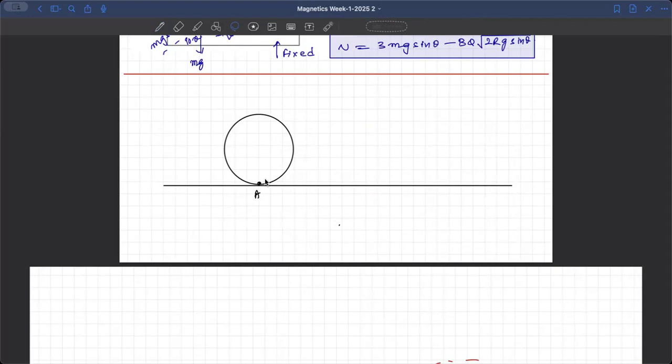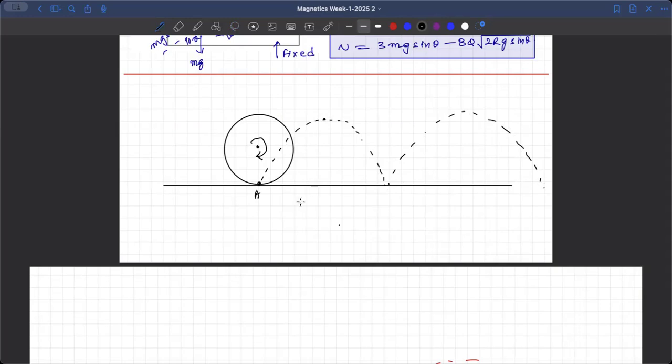While the ring rolls, this point A will follow a path like this. This is called cycloid path.